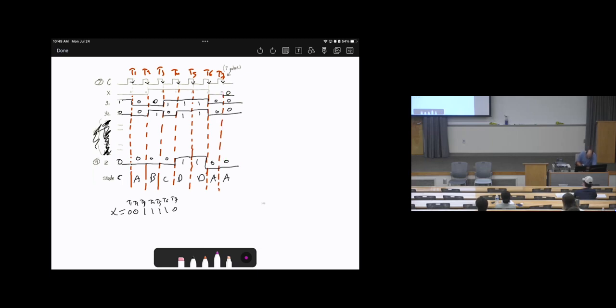So let's make it like this. Here Z will be 0, 0, 0, 0, 1, 1, 0. Then the sequence of states will be C, A, B, C, D, D, A. Okay?